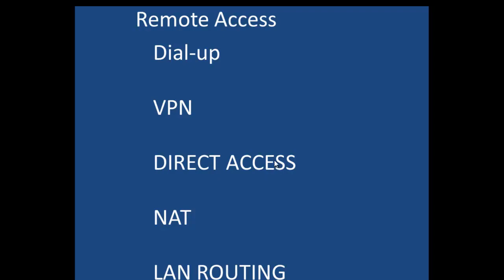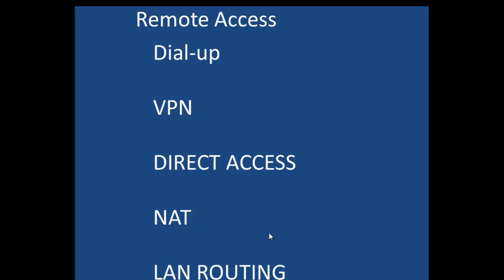So the same way the administrator will be able to manage your computer at work because you're on the network, the administrator can now, using direct access, manage the client computer wherever that client computer is located. We also have some services, network address translation and LAN routing, that facilitates this remote access.